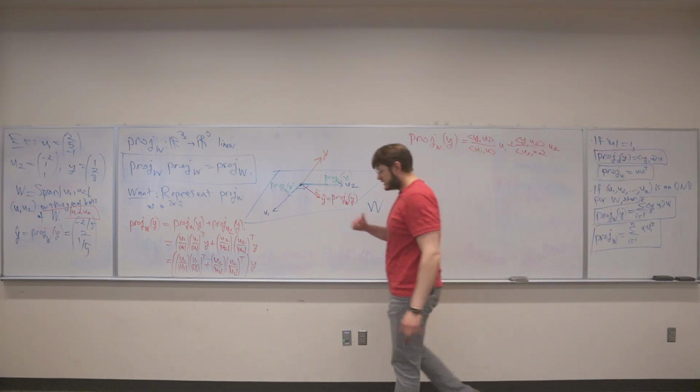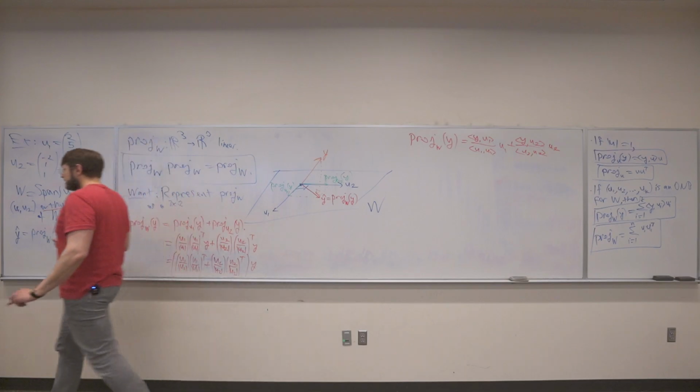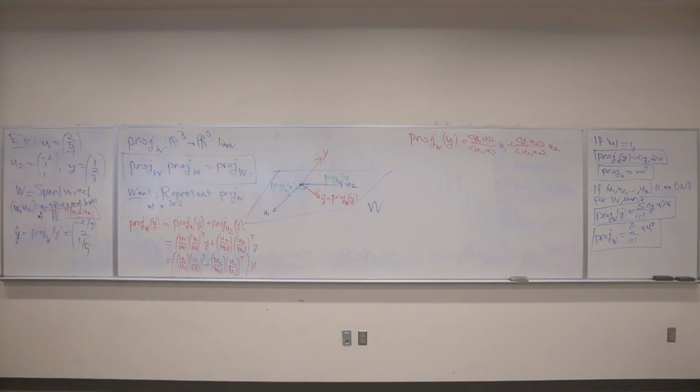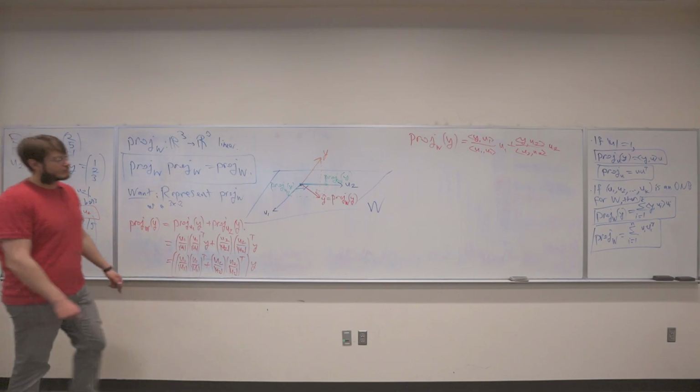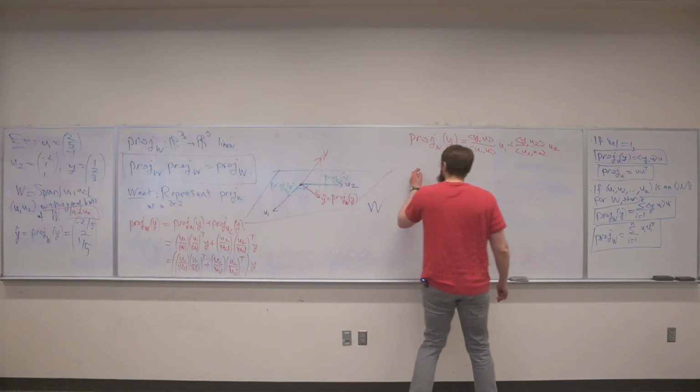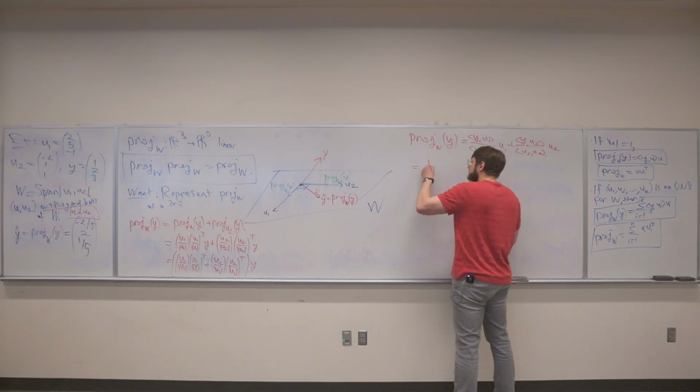Okay. Now, the denominator terms are u1 against u1. In other words, it's the same thing as u1 norm squared. I'll do this once slowly because it can get confusing.